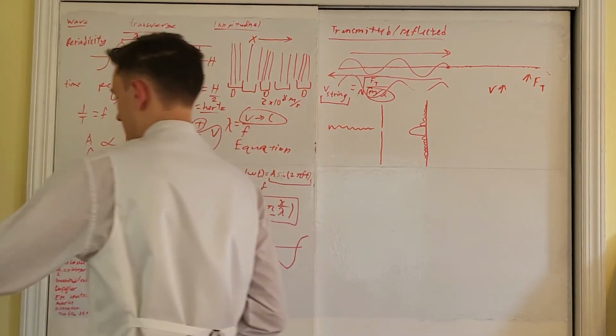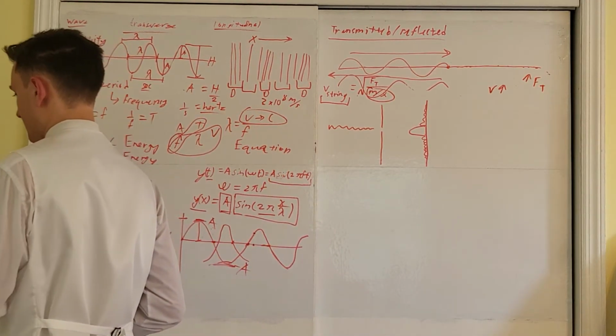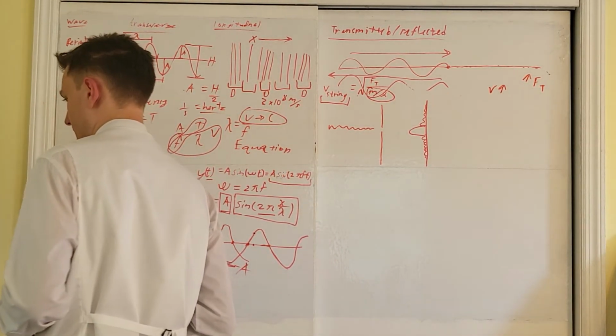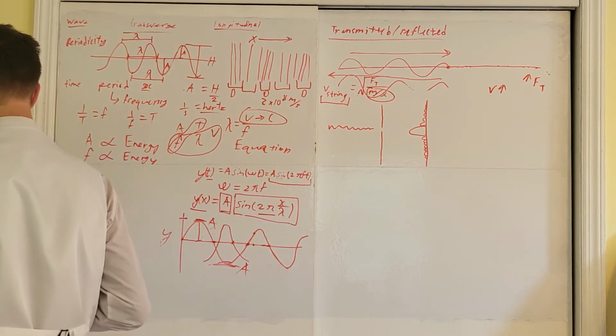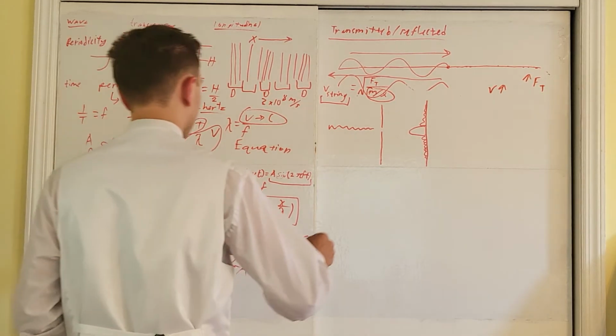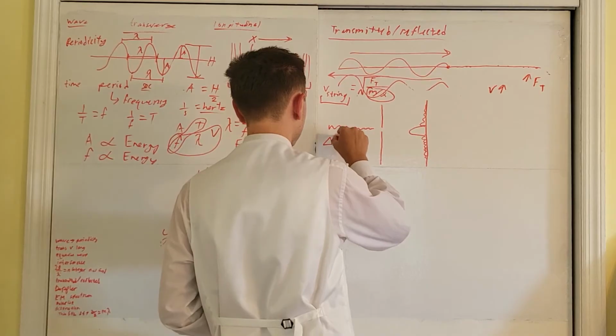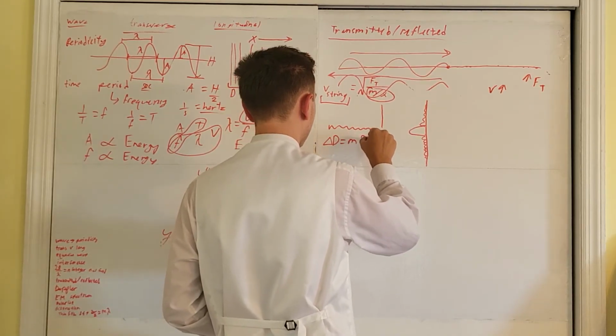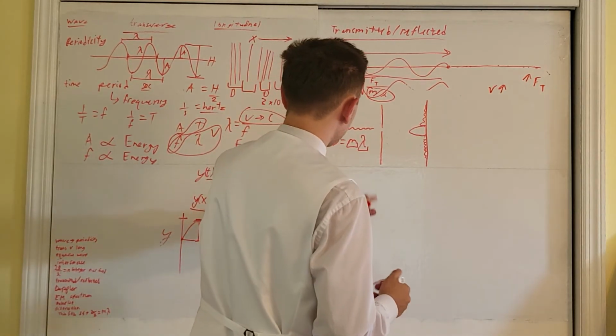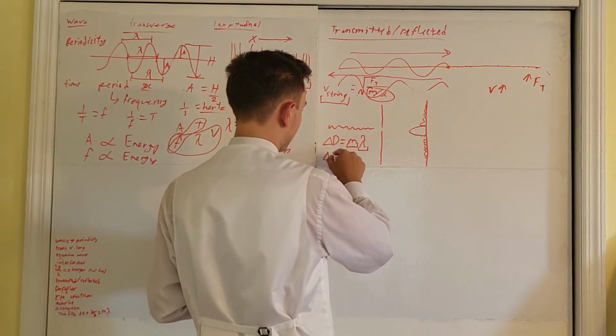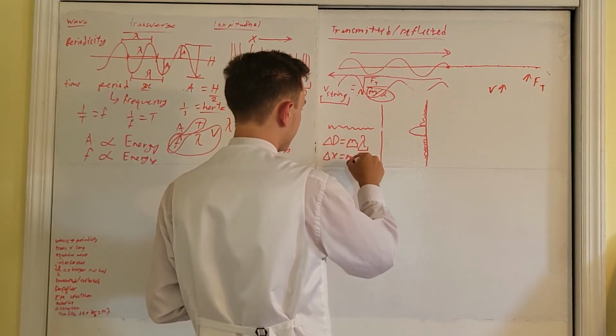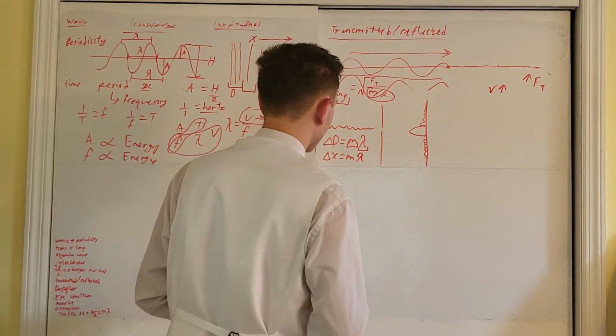Now, the equation that you use to define this is delta D equals m lambda. I prefer to rewrite this as delta x equals m lambda. That just makes it easier for me to understand.